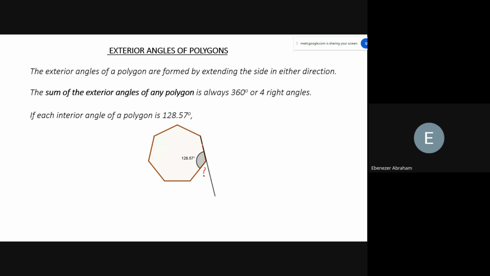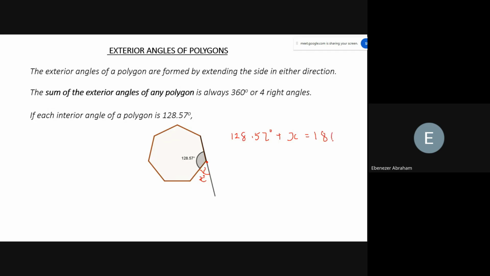You can project the line. The moment you project the line, you get the concept of adjacent angles, and adjacent angles add up to 180 degrees. So 128.57 degrees plus, let me label it x, x equals 180.